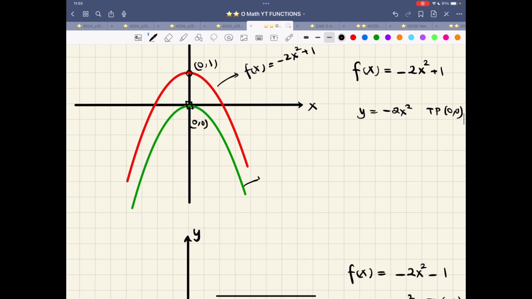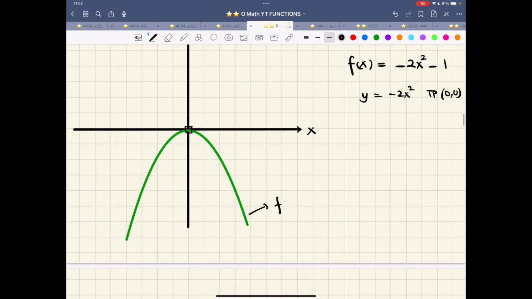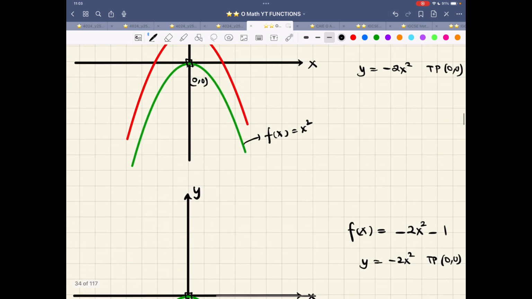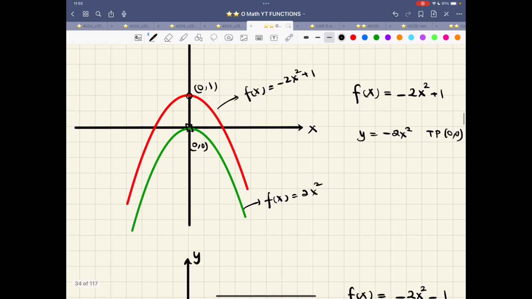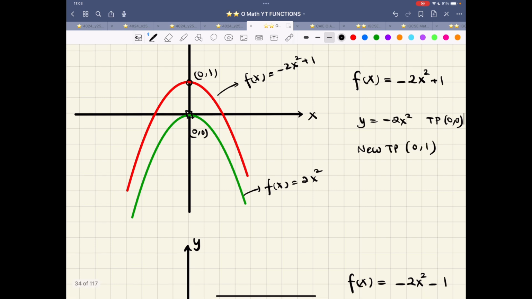All good? Also label this f(x) equals x squared. Actually it's 2x squared. This is also not x squared. This is 2x squared. It's already steep. Got the idea? Now the new turning point is 0, 1.